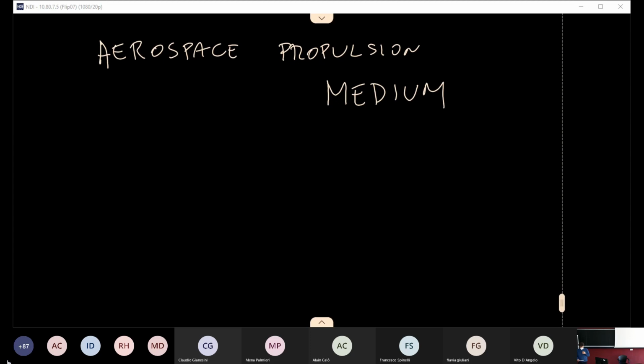If the medium is mainly the atmosphere, we call this kind of propulsion device an air-breathing engine. They exploit the medium, which is the atmosphere. What do we do in space?